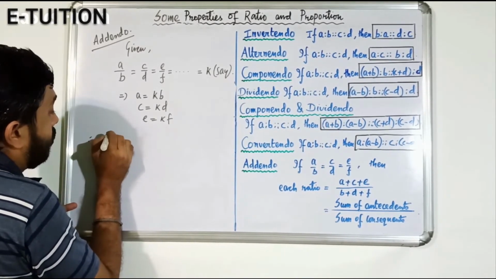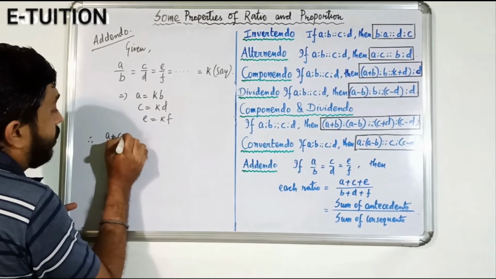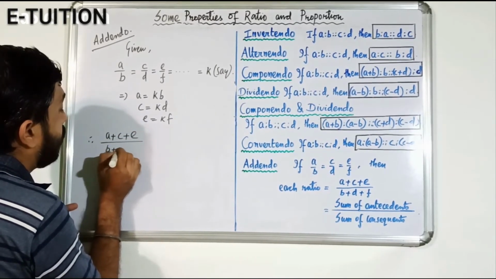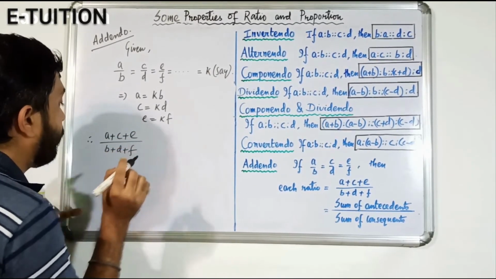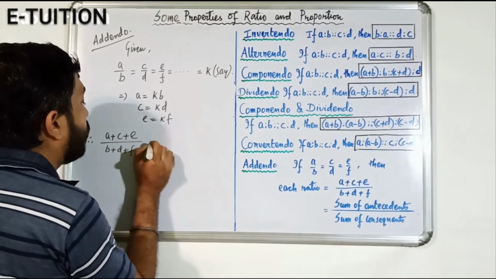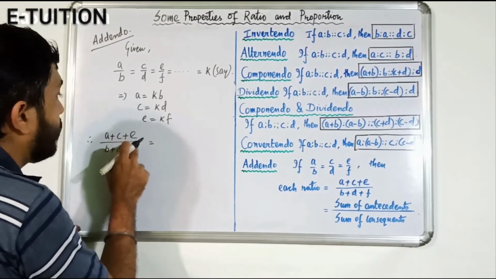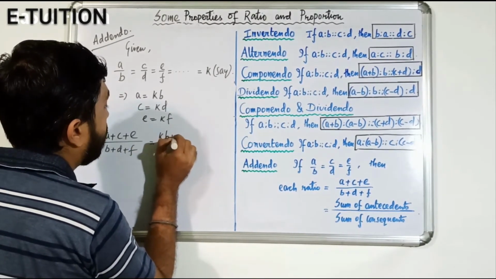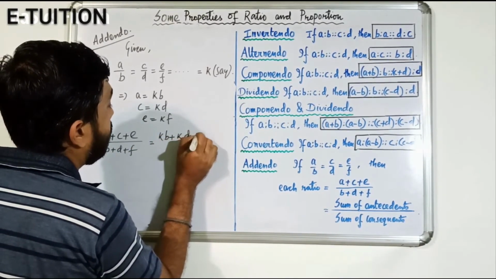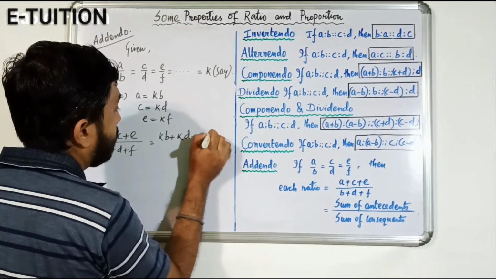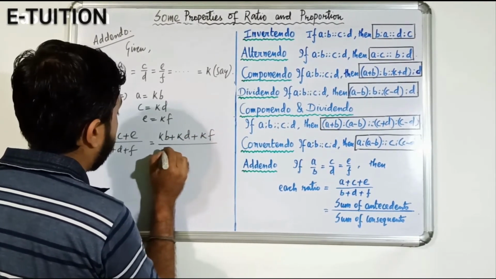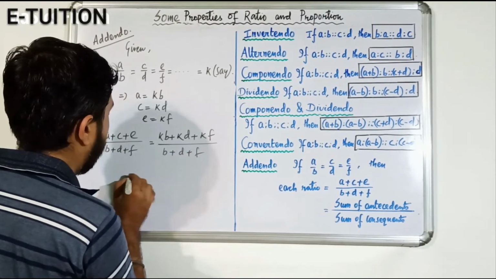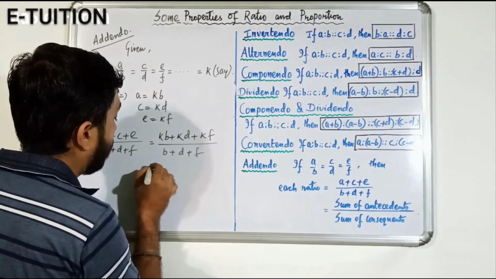Therefore, (A plus C plus E) upon (B plus D plus F) is equal to, just put the values of A, C and E as we have got earlier, (KB plus KD plus KF) upon (B plus D plus F). Then take out K as common.